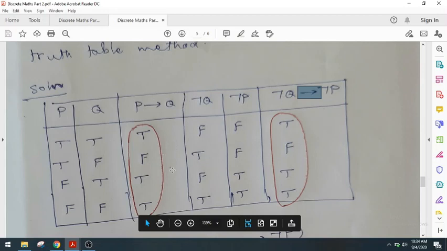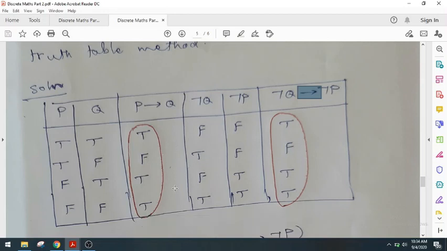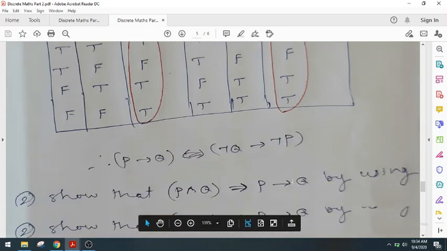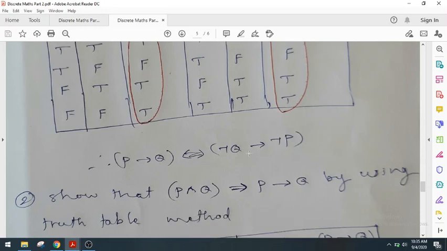The entries of both columns are exactly the same. Therefore, we can say that P then Q is equivalent to negation Q then negation P.